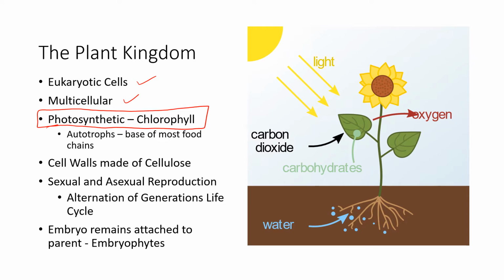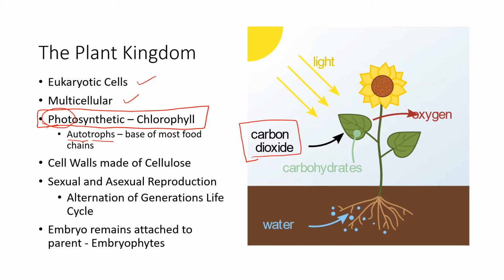Now, generally, photosynthesis means that they can make their own food using light. Auto means self, and troph means feeding. So autotroph means self-feeding, or these organisms can produce their own food. And the photo part of this means light. So generally, a plant can take carbon dioxide gas, which there's an excess of in the atmosphere.